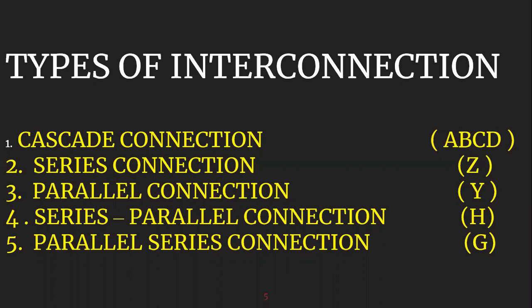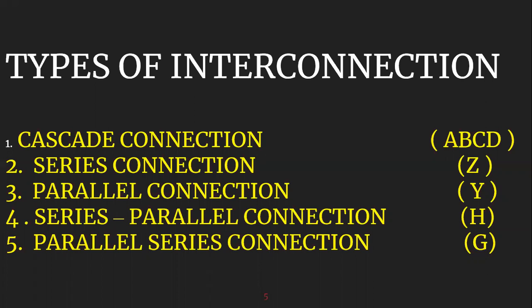Similarly, the series connection corresponds to the Z parameters. In the parallel connection, the Y parameters; the series to parallel connection is represented by the H parameters, whereas the parallel to series connection is represented by the G parameters.